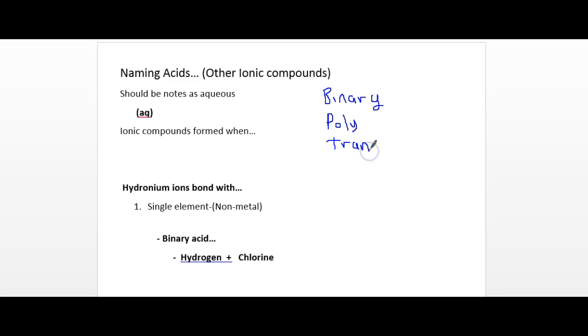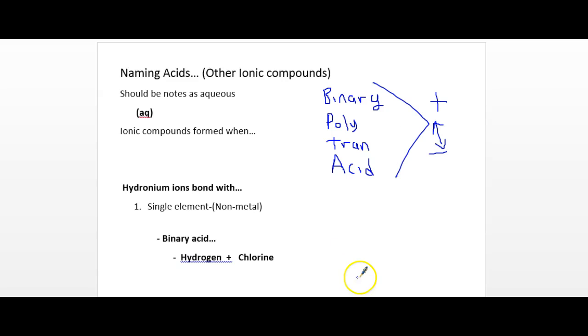And now we're going to learn these acid ones. So these kind of go all together, but they're all compounds that form due to a charge. Two substances have opposite charges, positive, negative. That causes them to form a compound as those charges balance out.